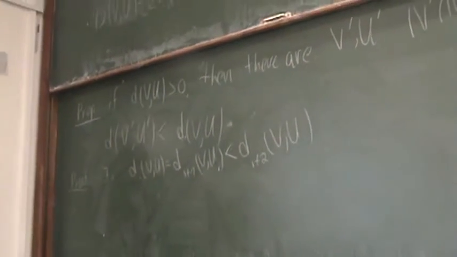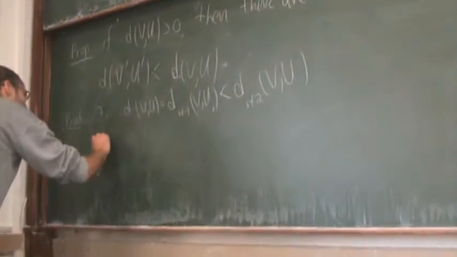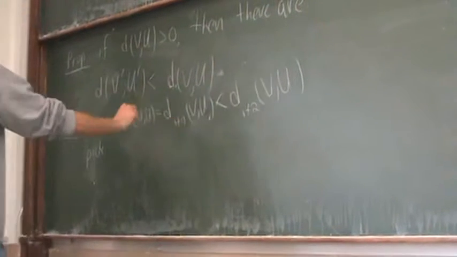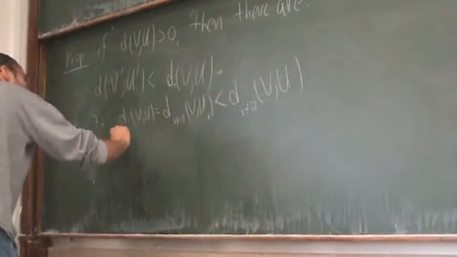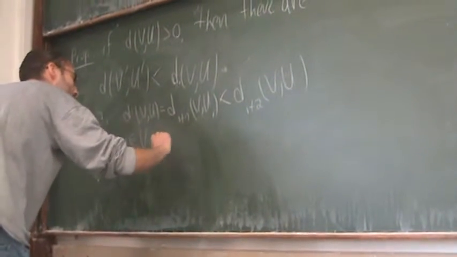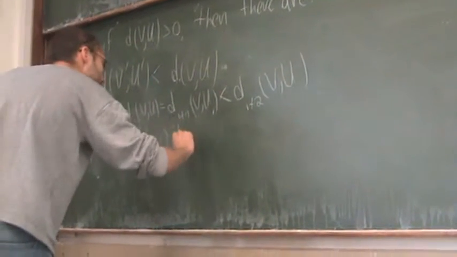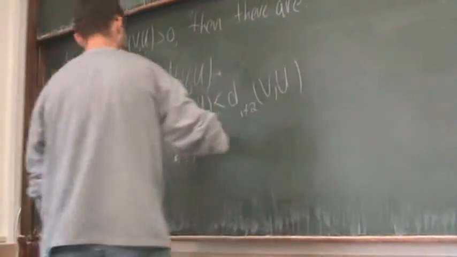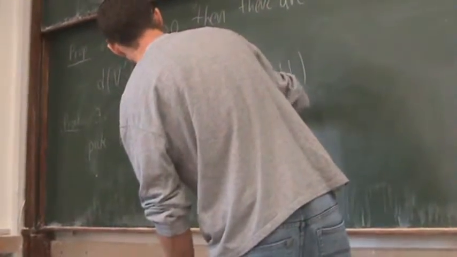And so we can pick some vector which is in the intersection here and not in the intersection here. So pick some W in V_{i+2} intersection U_{i+2} minus V_i U_i.